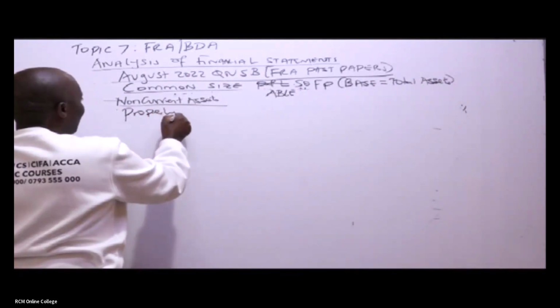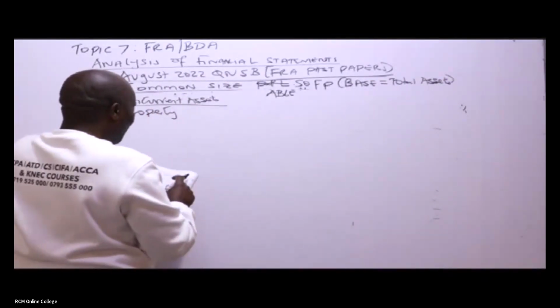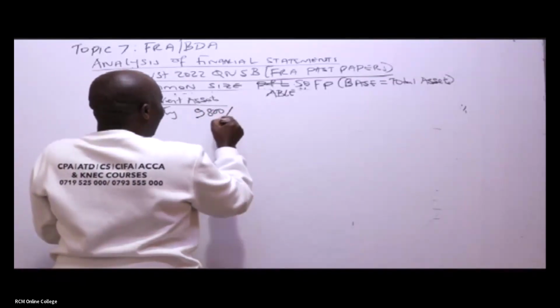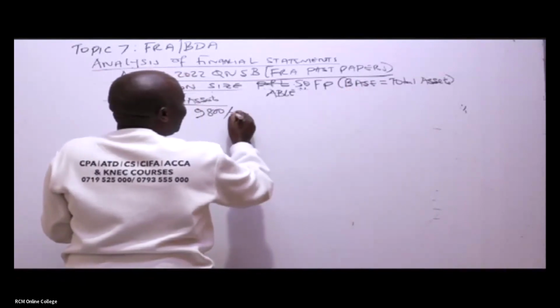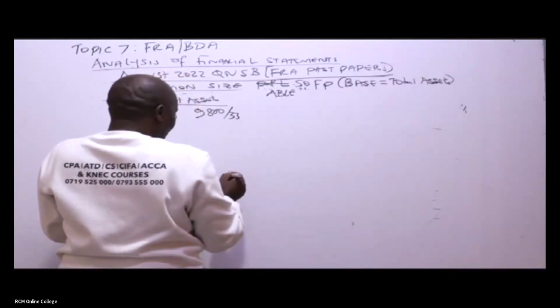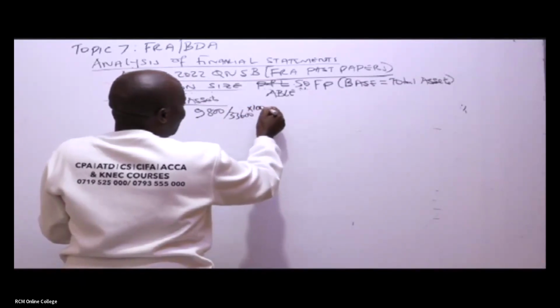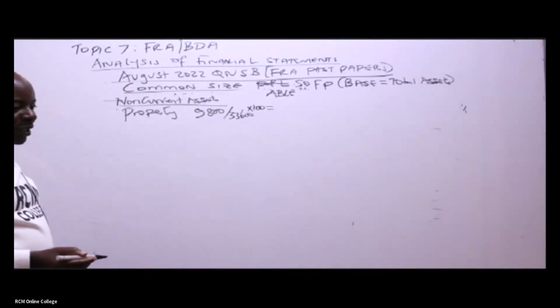So property for Able is 9,800. Divide this by the total assets you guys have given me, which are 33,600, times 100. What are you guys able to get there? 9,800 divided by 33,600 times 100.